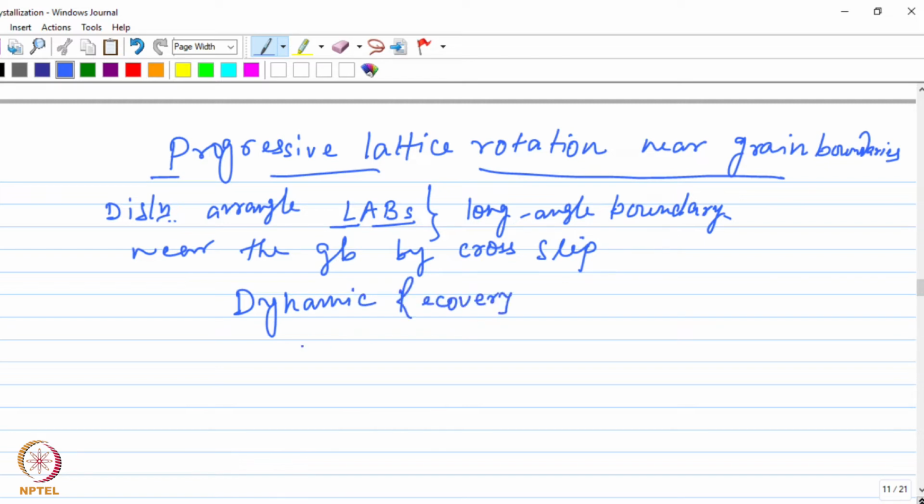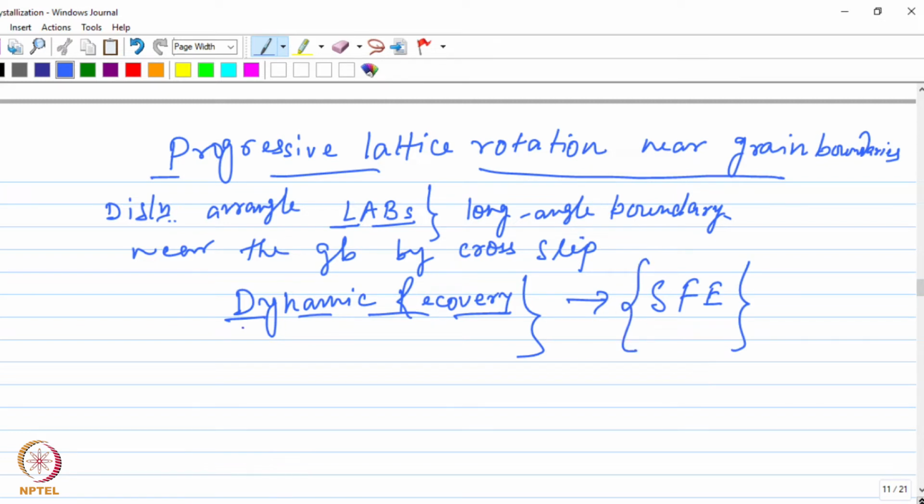We have seen before that recovery occurs during the static recrystallization process also. Recovery is the stage which precedes the recrystallization. So here also the recovery can take place, and this occurs primarily by the rearrangement of the dislocations, right? And for this phenomenon, we have seen that stacking fault energy plays a major role, right?